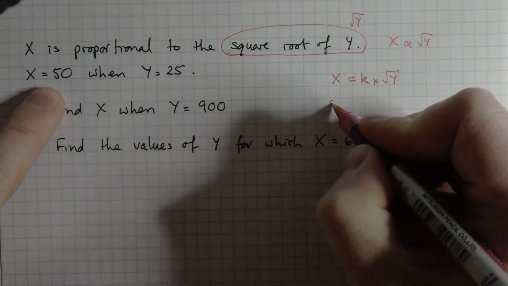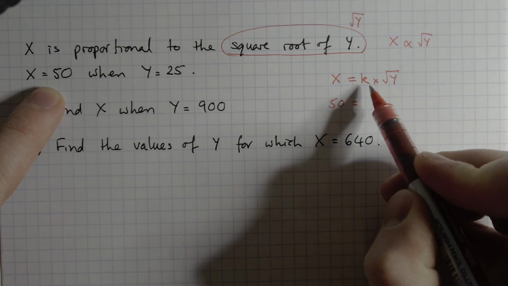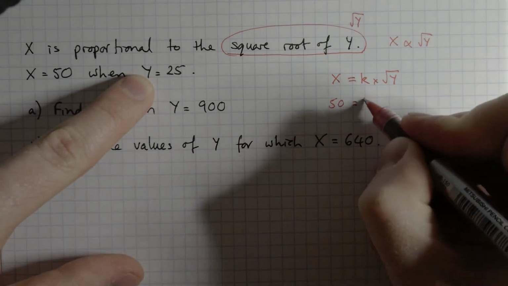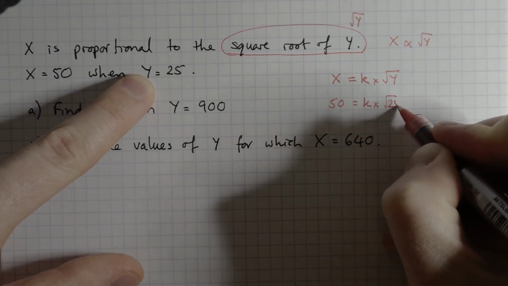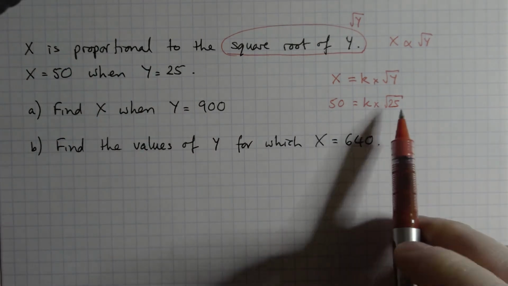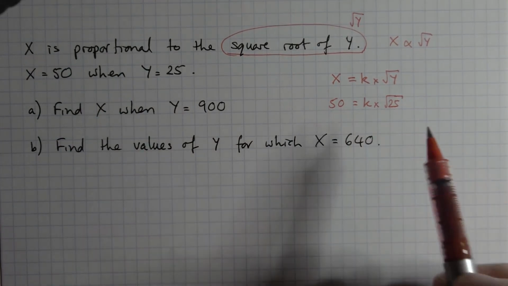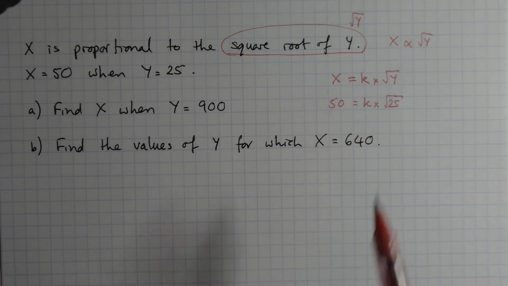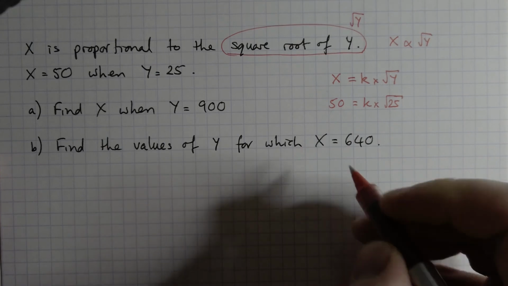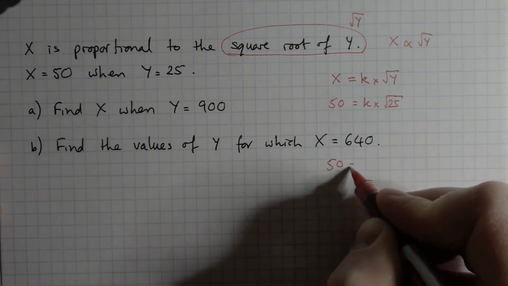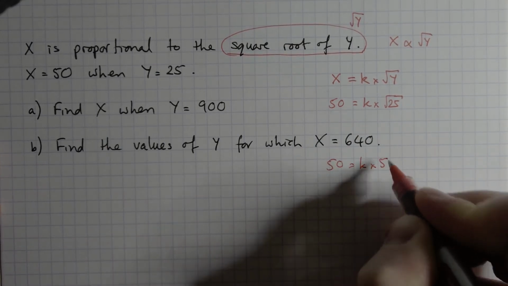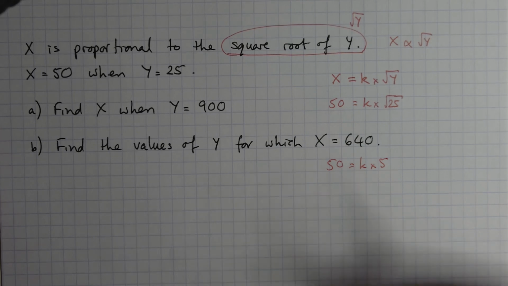So we know that when X is 50, I've got that Y is 25. You do square roots at the same time you would do powers, because it is a power effectively, power half, isn't it? So the square root of 25 is 5. If 50 equals K times 5, the only thing K could be there is 10, isn't it?